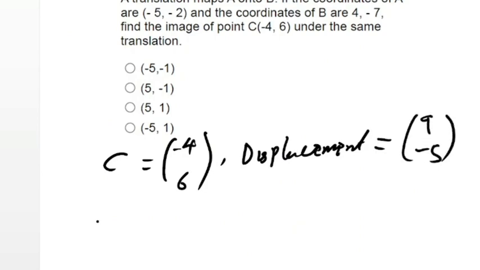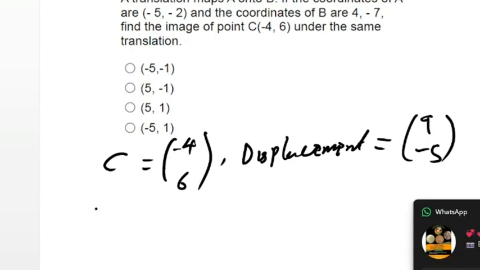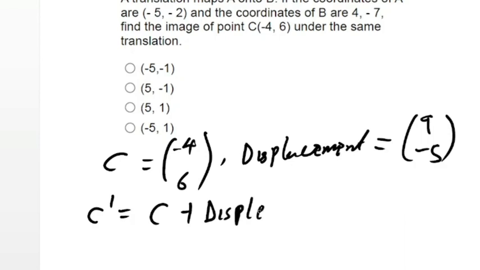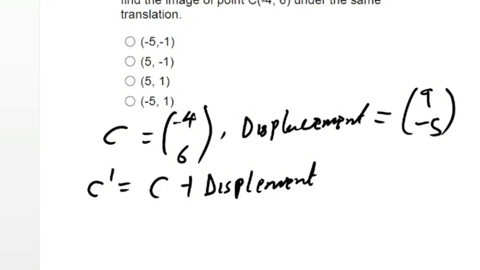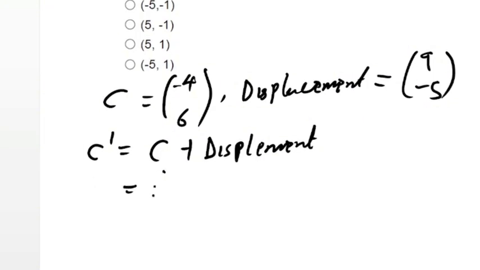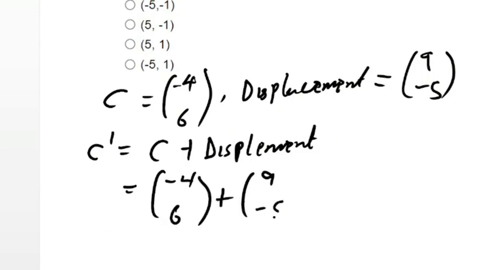To get the image of C, that is C prime, it is going to be C prime equals C plus the displacement factor. C is -4, 6, plus the displacement factor 9, -5.